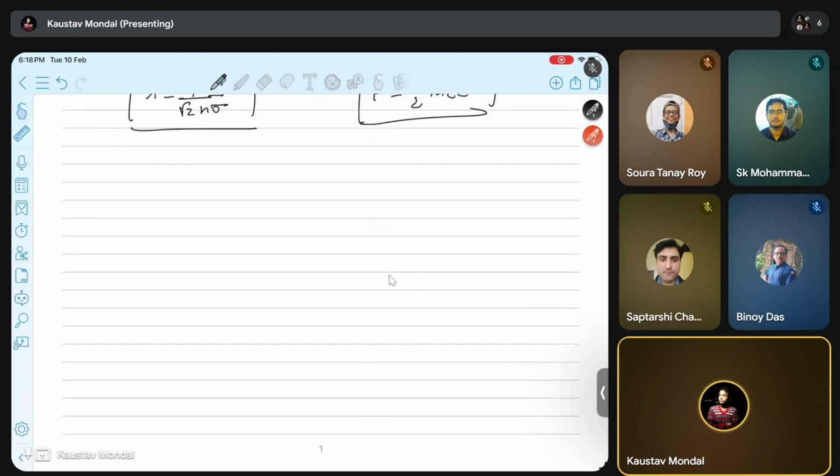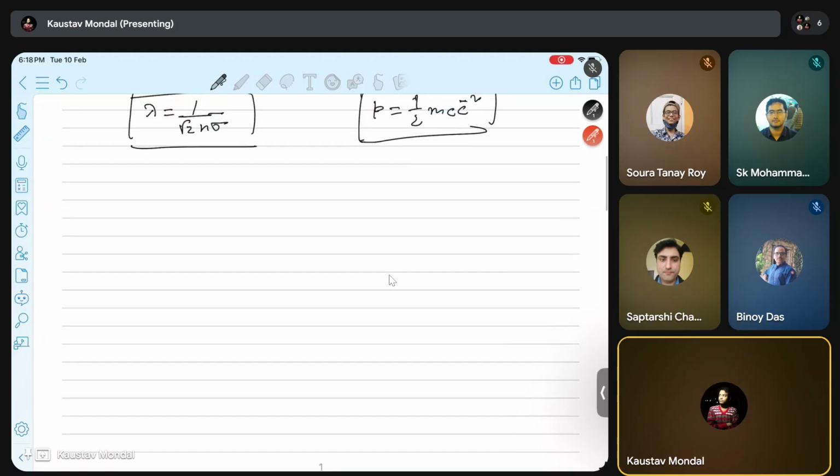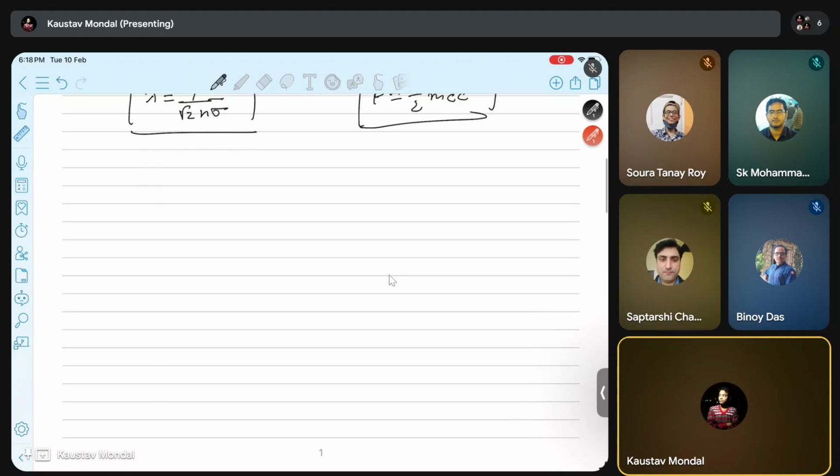So now in today's class, it's mostly on the transport properties of gas or any fluid system that obeys the ideal gas law. First is the concept of equilibrium.